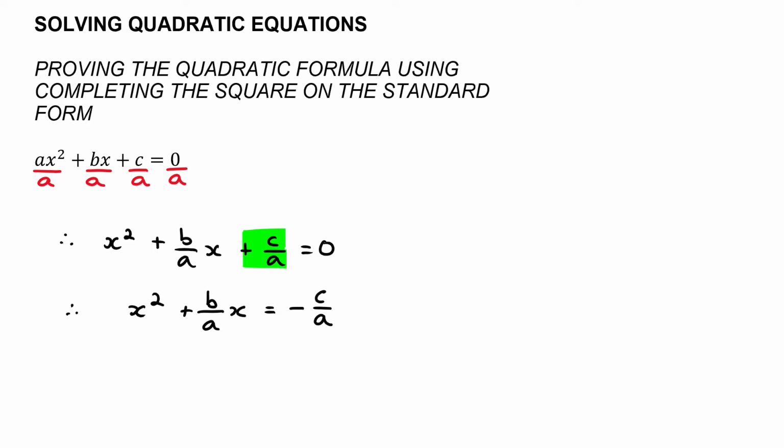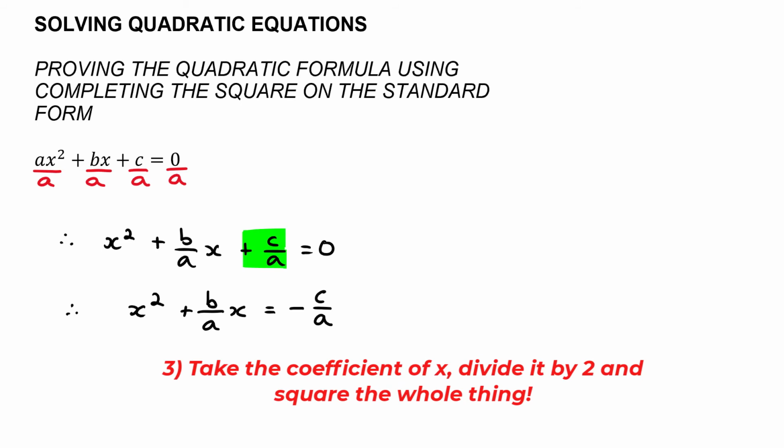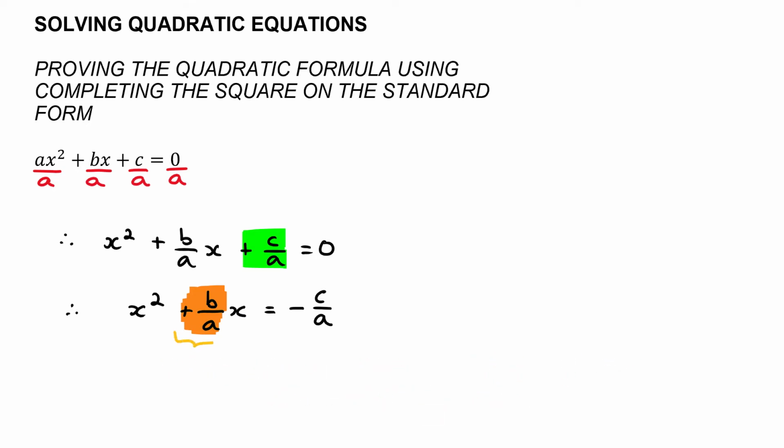Then we go on to step number 3, which tells us to take this b over a, or the coefficient in front of x, divide it by 2 and square it. So if we take that b over a and we divide it by 2, we're going to get b over 2a.